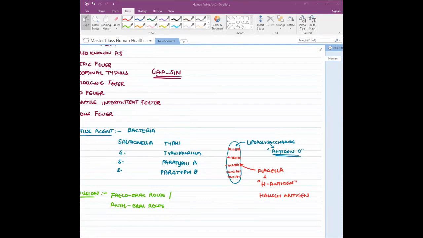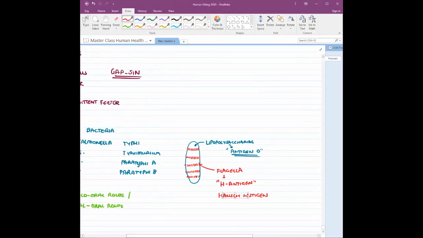But now let's move ahead and see what exactly is going to happen, how the treatment is going to be. If you want, I'll explain a little bit more about these two things, the lipids and the polysaccharides. Like I said, this is how the structure is going to be. We have this lipopolysaccharide, which has the antigen O, and we have the flagella, which contains the Hosh antigen.